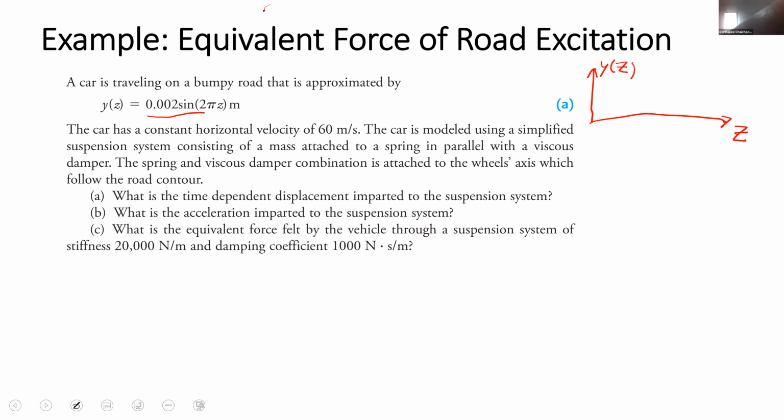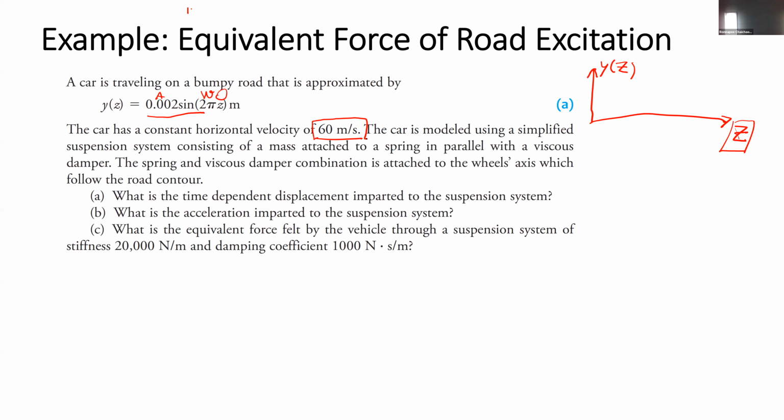and it's a kind of sine function, A sin(omega z) and the C, but it's still not related to time. But we know that the car travels at a constant speed.